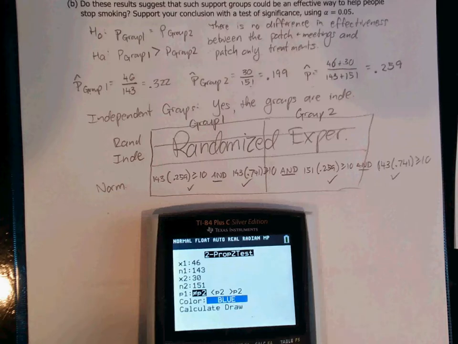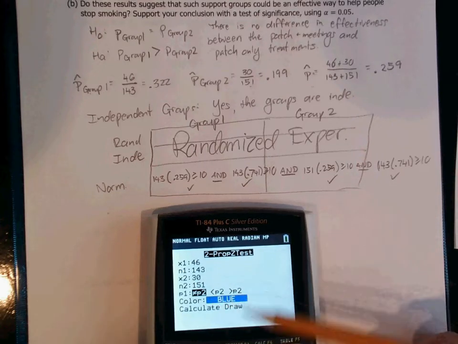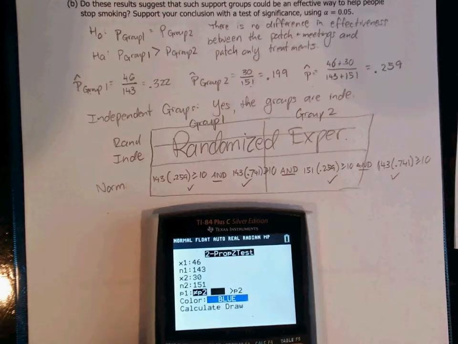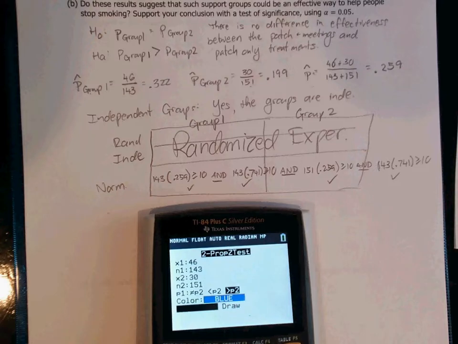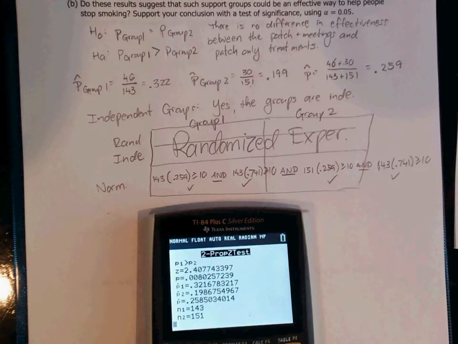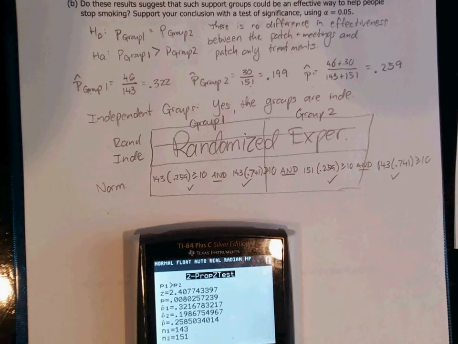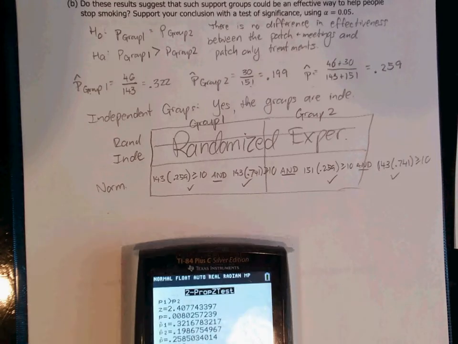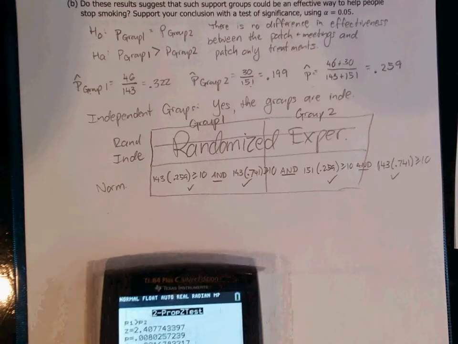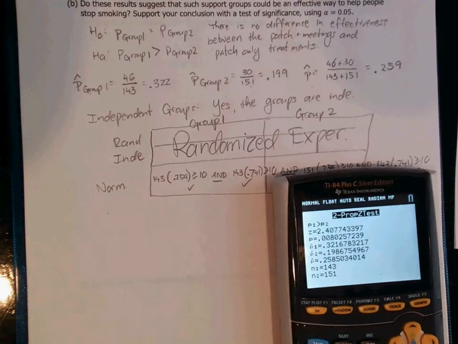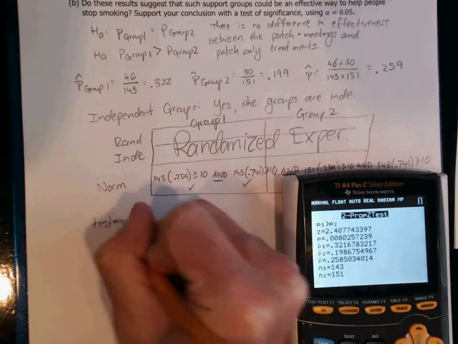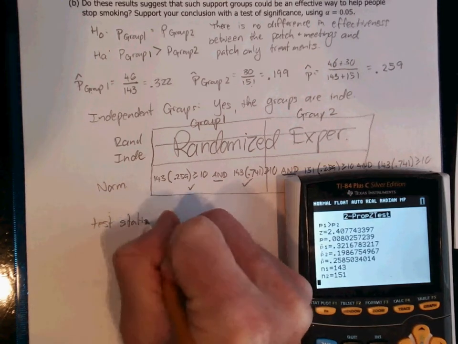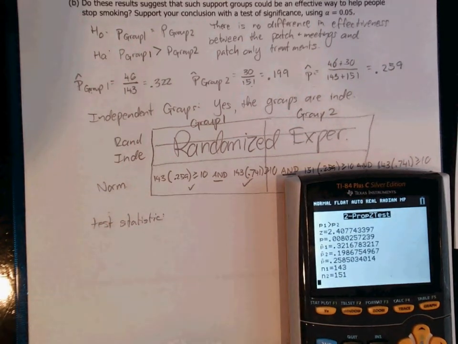Now my alternate was a greater than. I like to go to draw, but I'm going to go to calculate because this is going to have some more information. So I need the test statistic. And it is listed right here. That is the z.